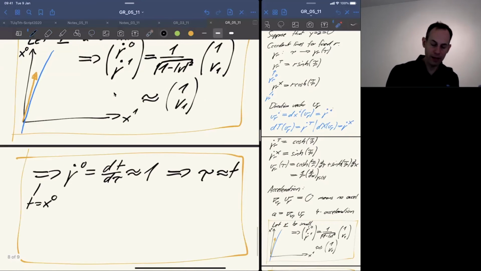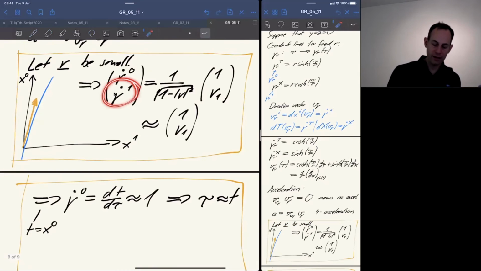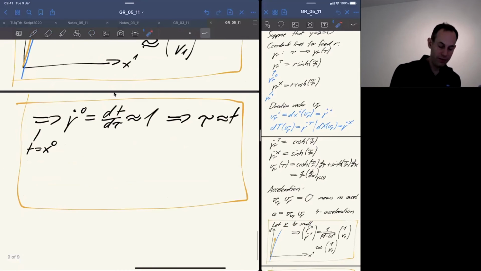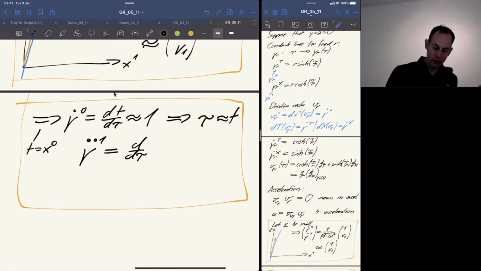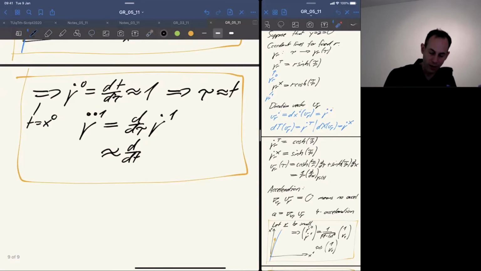Now the second expression that I get from here is that gamma dot 1 is equal to v1 in this approximation. So therefore, if I now take the second derivative, so if I now take d/d tau of gamma dot 1, this is now approximately equal to d/dt, because t and tau are approximately equal, and gamma dot is approximately equal to v1.